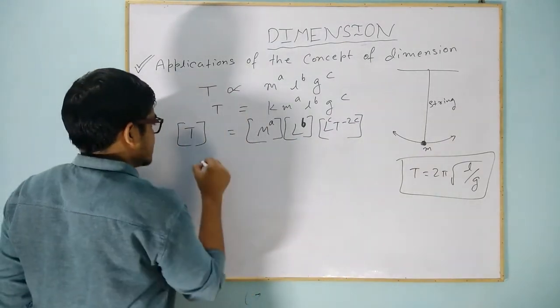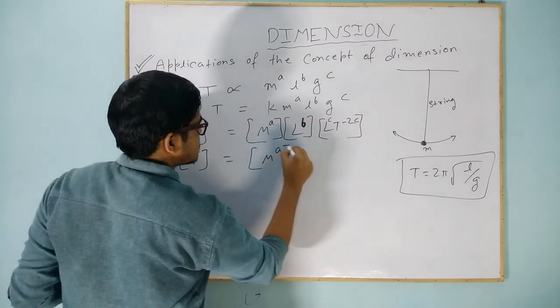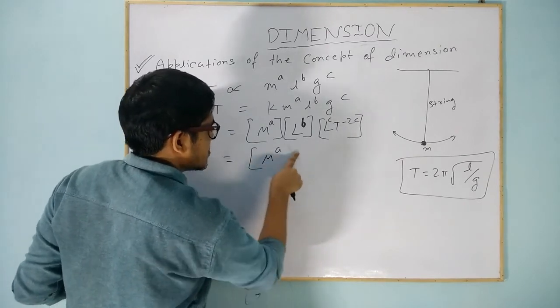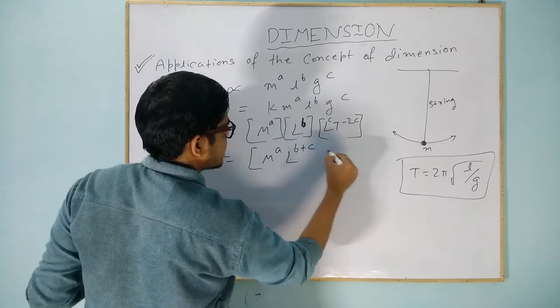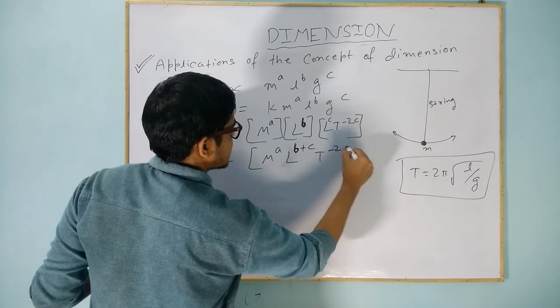Clear? So from here we get m raised to the power A, L raised to the power B plus C, T raised to the power minus 2C.